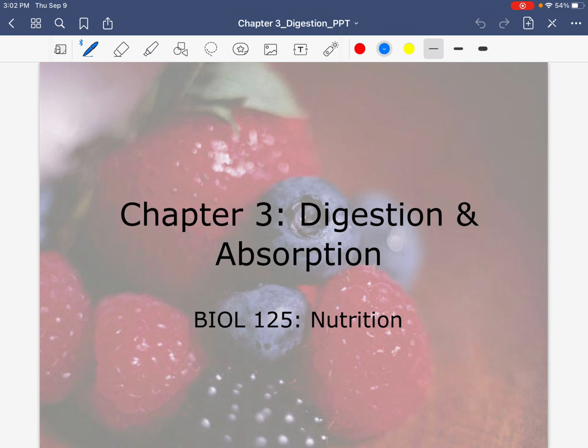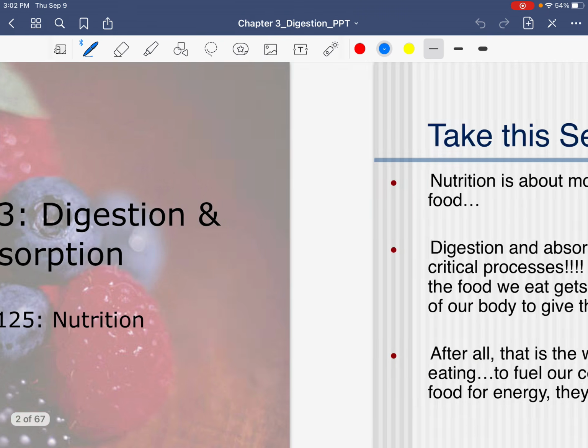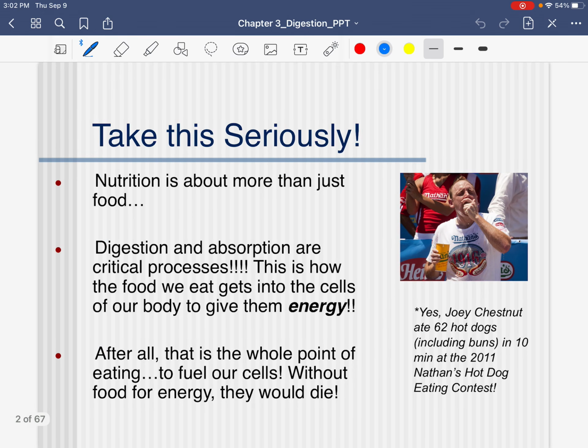But before we get into any of the specific nutrients, carbs, fat, protein, vitamins, minerals, etc., we have to address the digestive system. After all, when we eat food, it is going to go through our digestive system, and that is how we get the food into the bloodstream, where it can then travel to all the cells in the body.